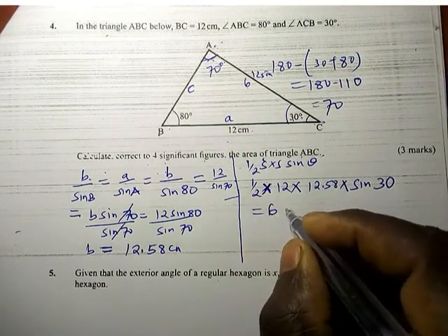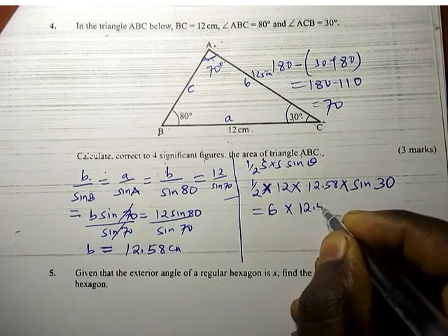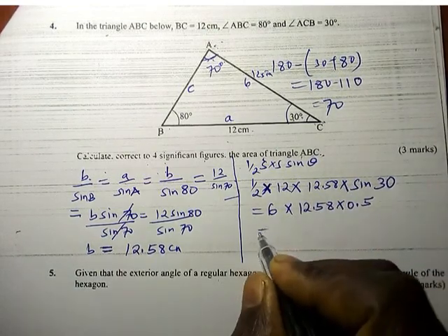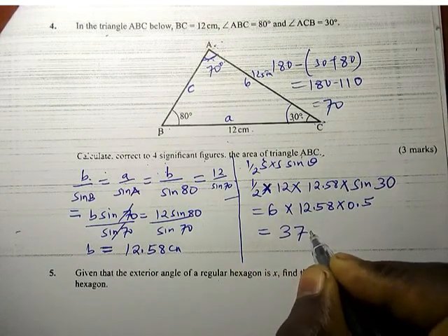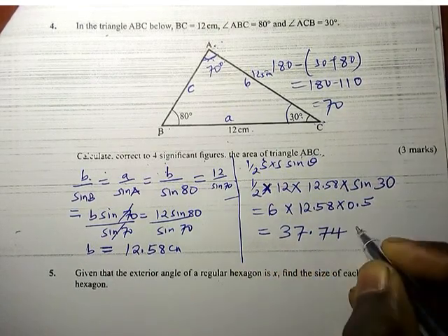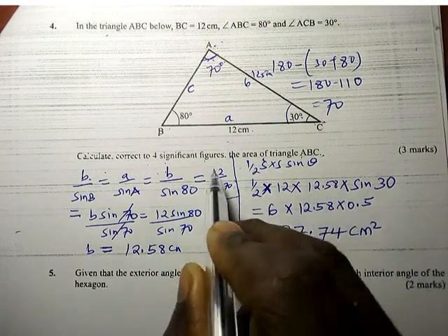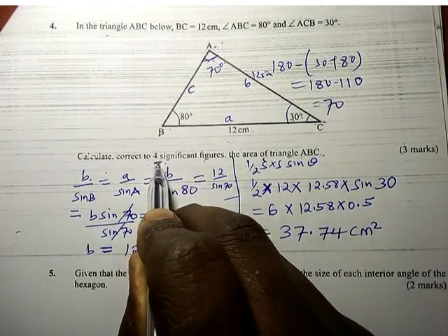This is the same as 6 times 12.58 times 0.5, and that one is 37.74 centimeters squared to 4 significant figures.